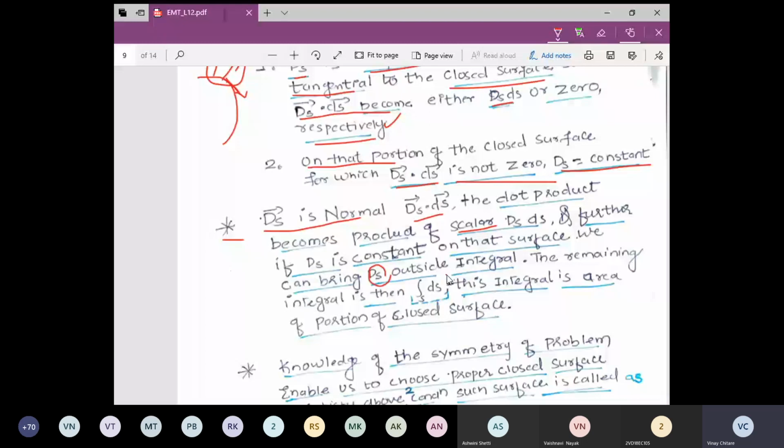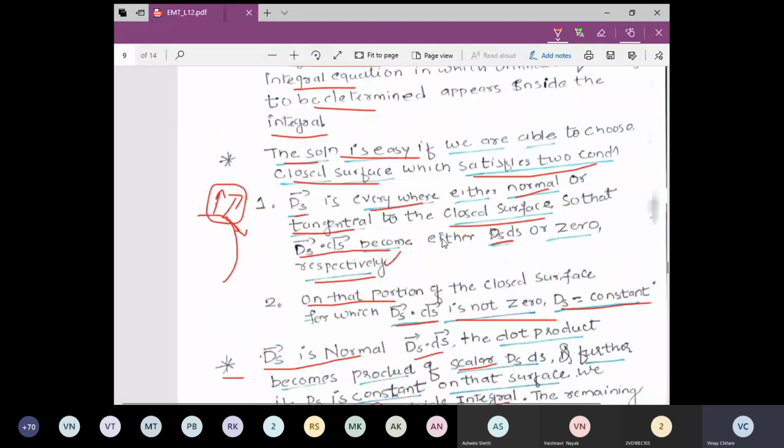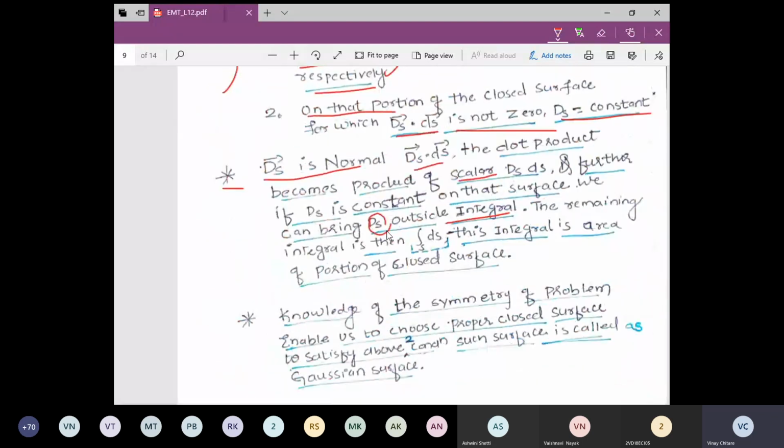And once you have brought D outside the integral, the remaining integral is nothing but the integral of dS, which is the area of the surface.